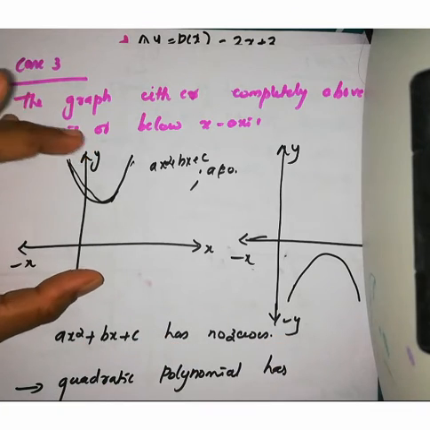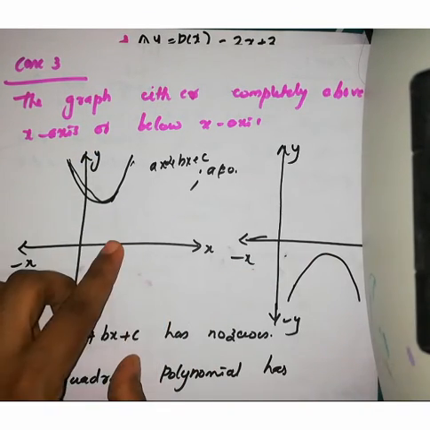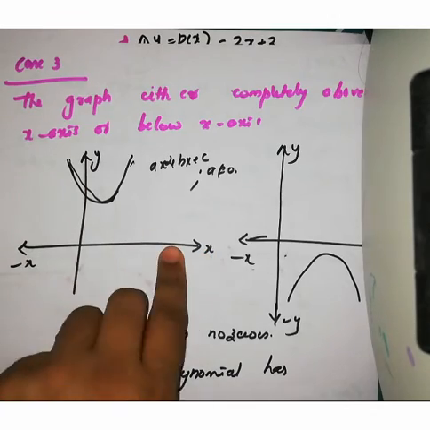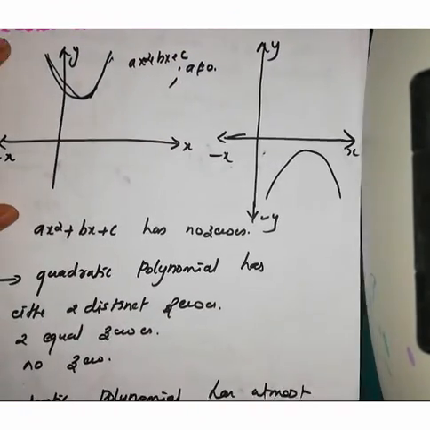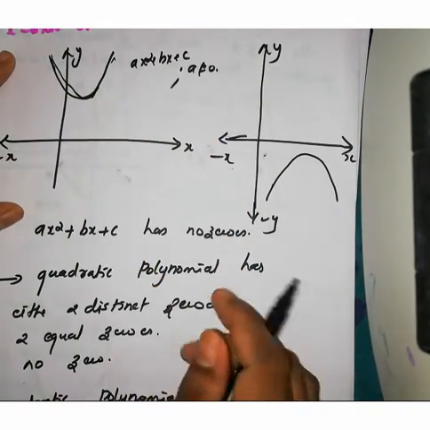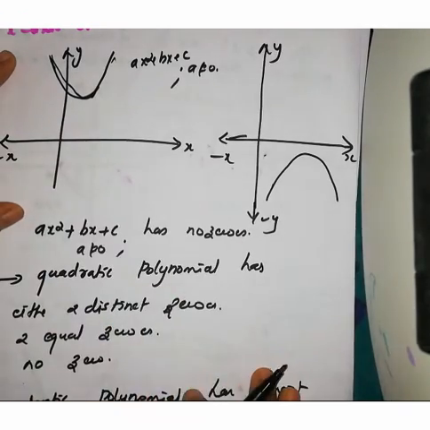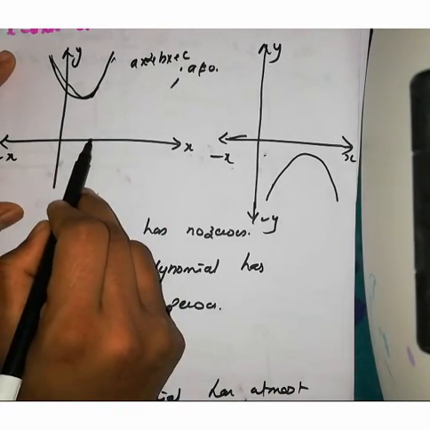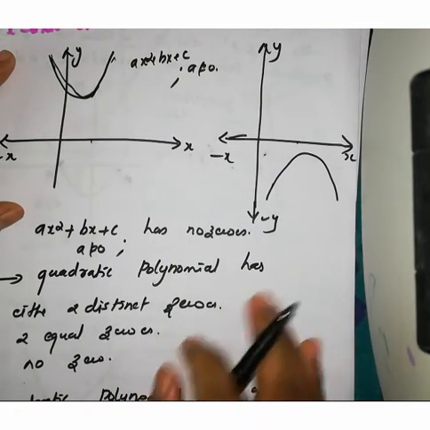From this graph, we can easily say that this parabola does not touch or cut the x-axis. That means, what is the zero of this type of quadratic polynomial? That means there is no zero for this. Why does it have no zeros? It does not touch or cut the x-axis. It is above or below the x-axis.